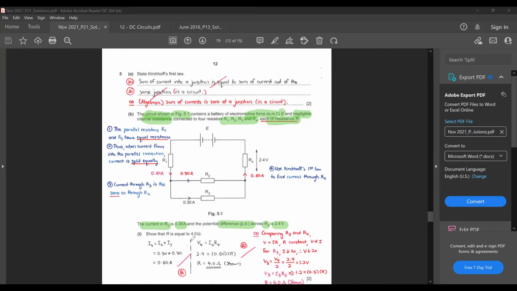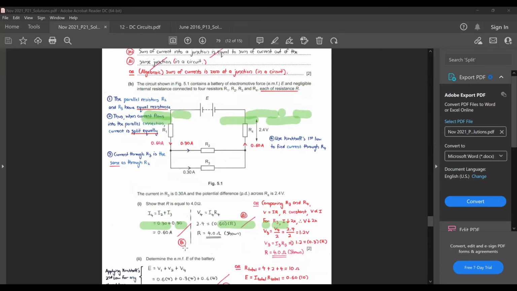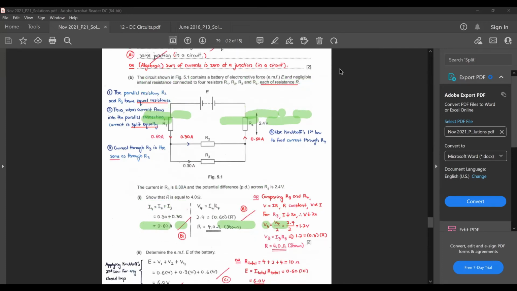Show that R is equal to 4 ohms. So they are asking you to show that R is 4 ohms.